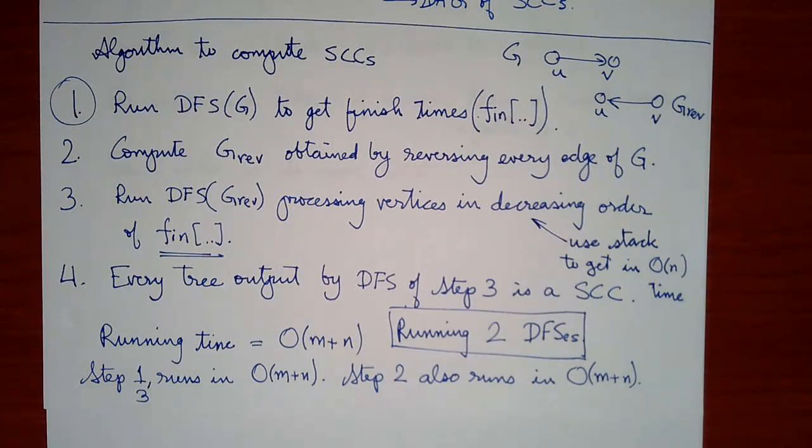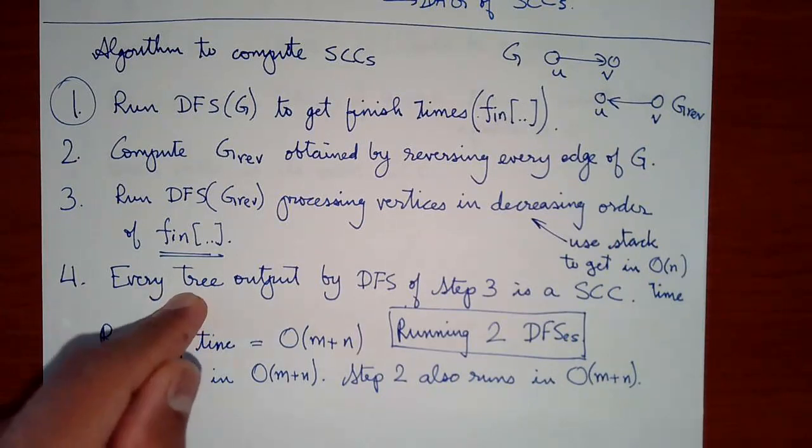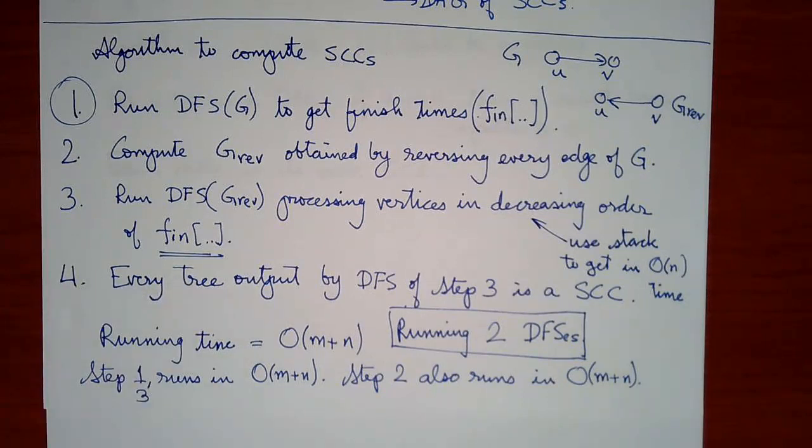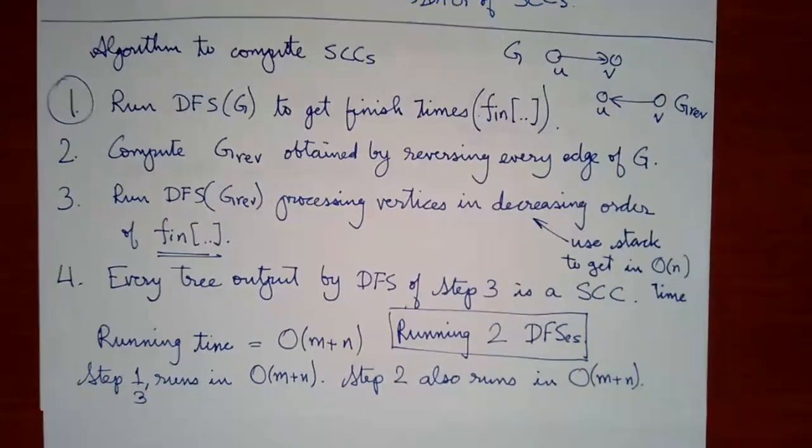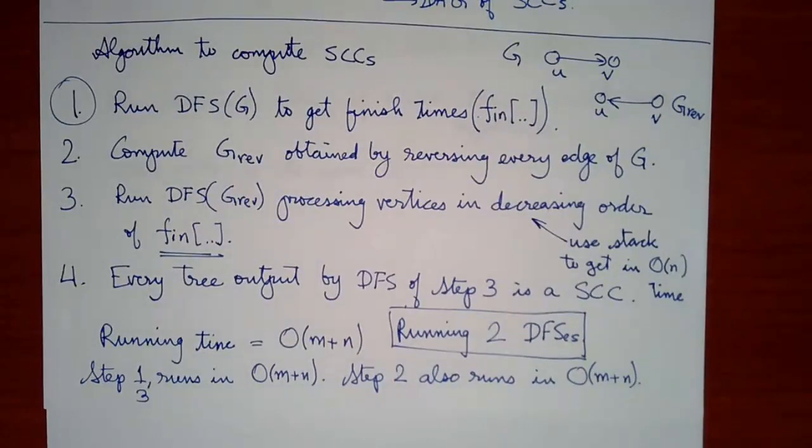All right, does anyone want to make an argument or guess as to why it is that when G is a DAG, each tree output is a singleton vertex? The first DFS, the reverse order will be a reverse topological sort.